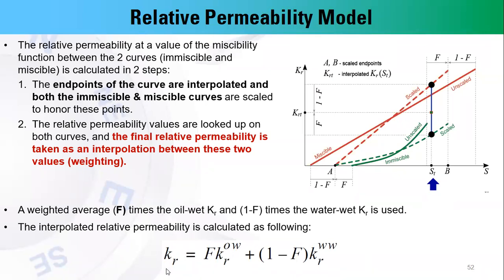So the final relative permeability, according to this equation, is a function of the interpolation parameter or weighting average F, multiplied by the relative permeability of oil and the relative permeability of water. This is simply the modification in the relative permeability model.